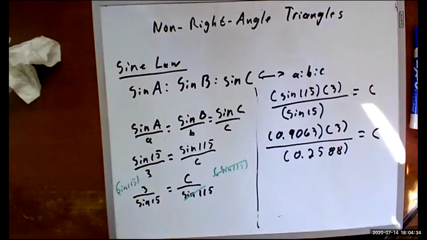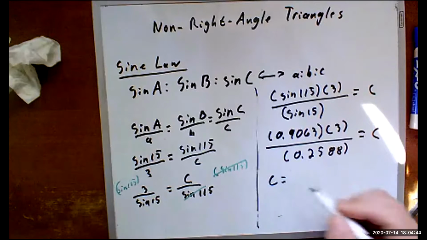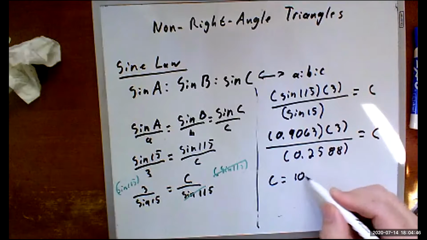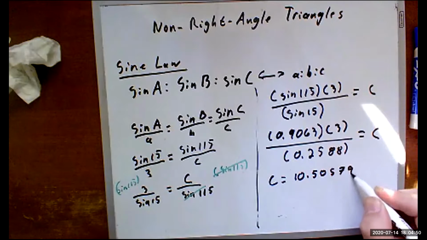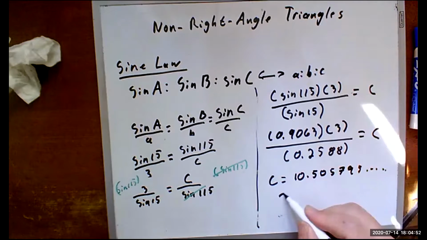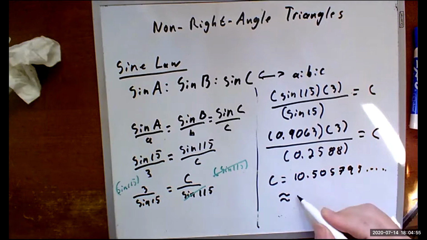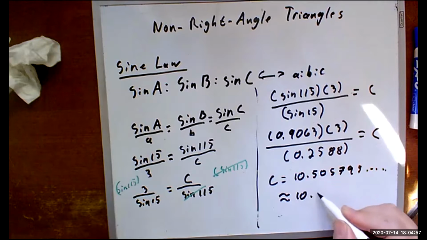We plug all of this into a calculator, 0.9063 times 3 divided by 0.2588. And C comes out to 10.505795, and it goes on and on. So again, we're just going to round this down, and I'm going to get 10.51.